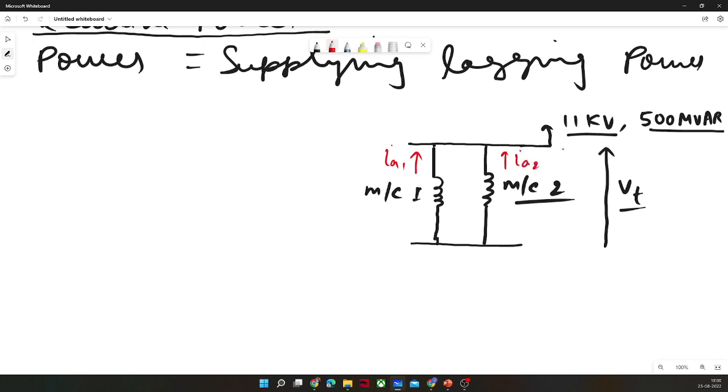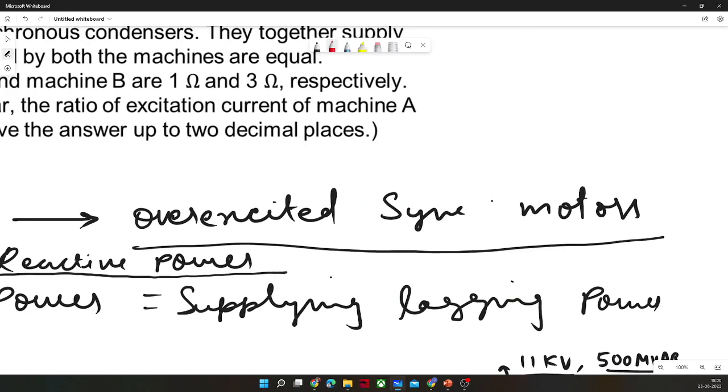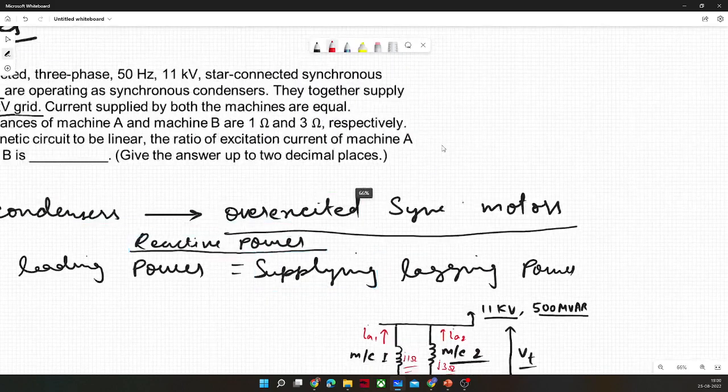Currents are the same, but something is different. That is saying that the synchronous reactances of the machines are different: j1 ohm and j3 ohm. So these reactances are different. Now we have to find the ratio of, let me show you the problem again.